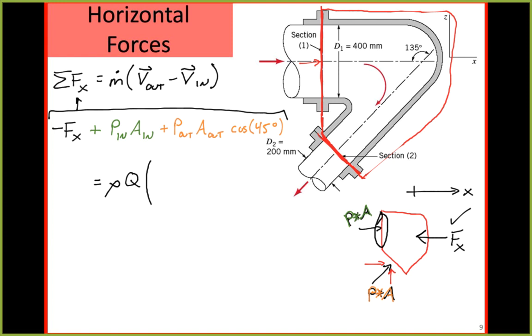Why is it density and not specific weight? Oh, did I screw up? Well, here on the equation sheet you have rho, but on the previous slide you wrote gamma. Ah, so I screwed up somewhere. Gamma would be a force.